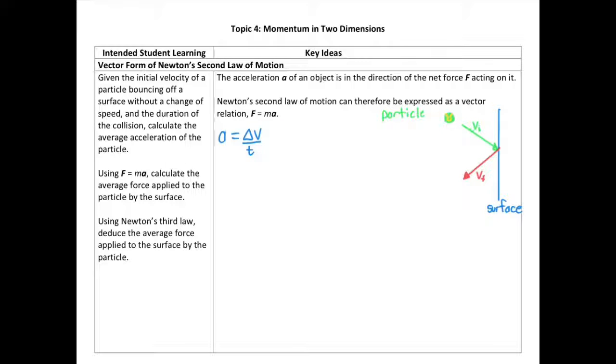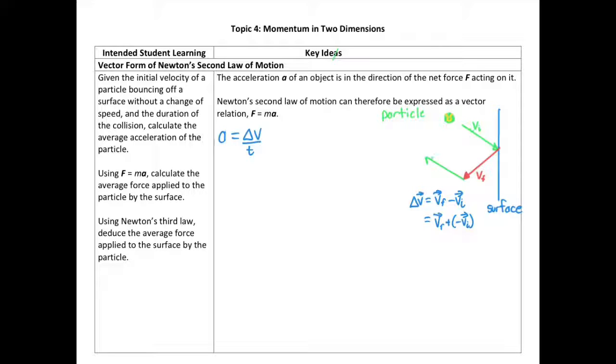So how do we work out the change in velocity? Well, hopefully by now we all remember that in this situation here, delta V, and remember we're dealing with vectors, equals Vf minus Vi, but these are vectors, so that is equal to Vf plus minus Vi, and minus Vi is parallel to that line but in the opposite direction.